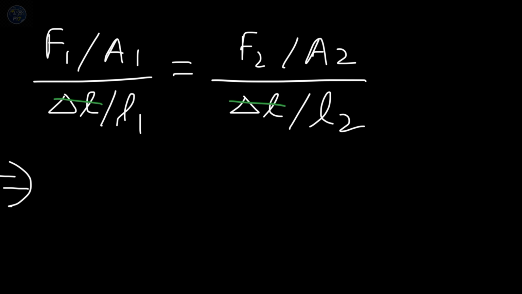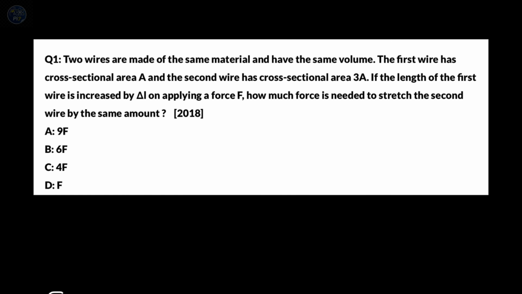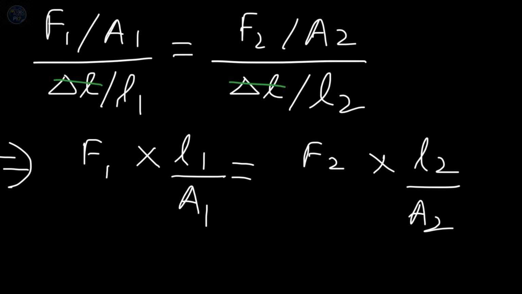So I'll get something like this, F1 cross L1 by A1 equals F2 cross L2 by A2. Now the thing is that L1 and L2 are original length and we are not provided with the original length. Instead we are provided with the volume. What is volume? Area times length is volume. So what we need to do is introduce volume in our equation and remove length from our equation. How can we do that?